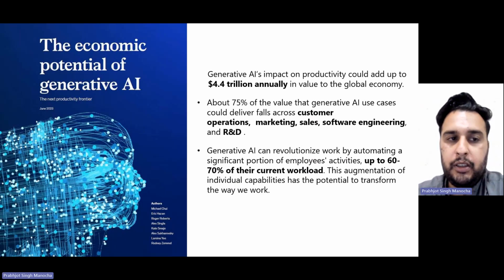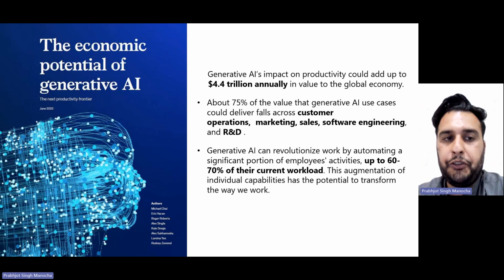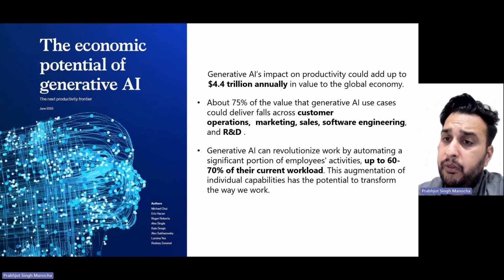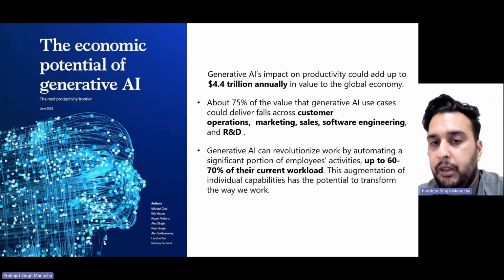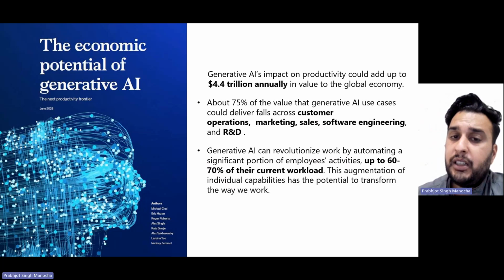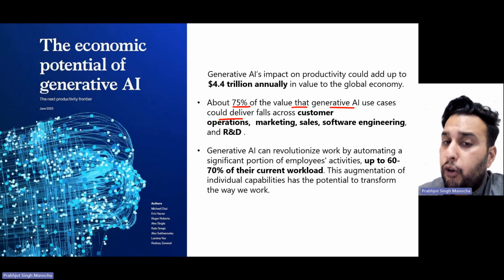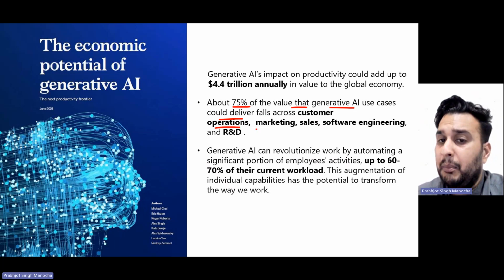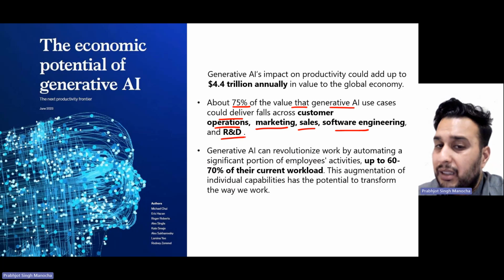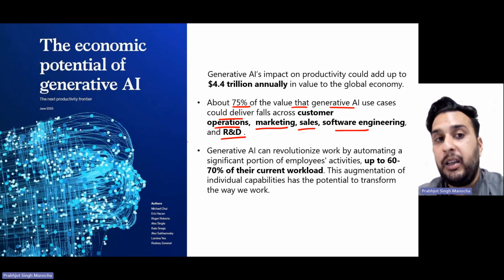It has also been seen with the report of June 23 that generative AI's impact on productivity could add up to 4.4 trillion annually in value to the global economy, which means about 75% of the value that generative AI use cases could deliver across customer operations like marketing, sales, software engineering, research and development, and many more things.